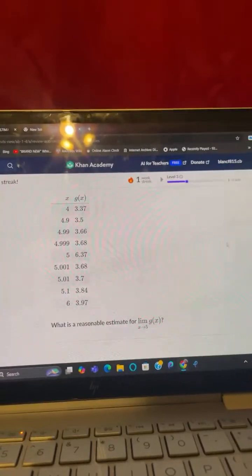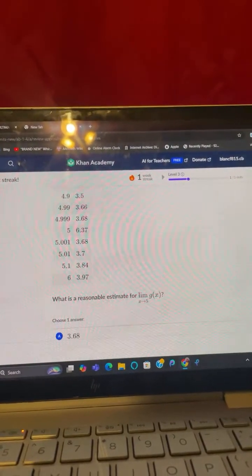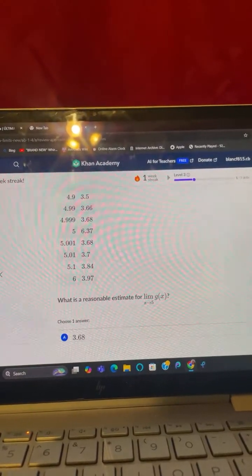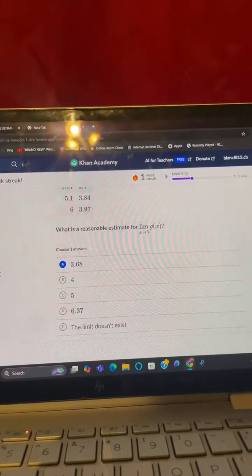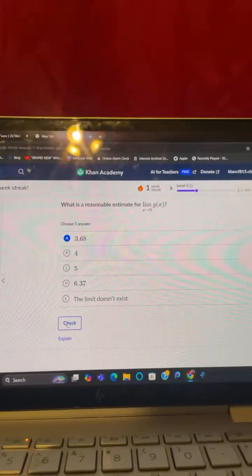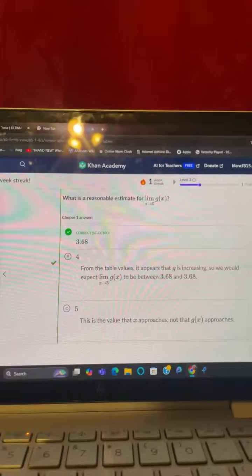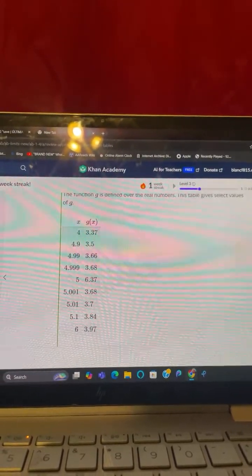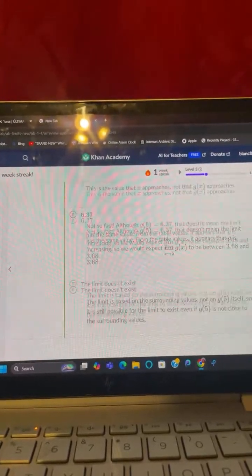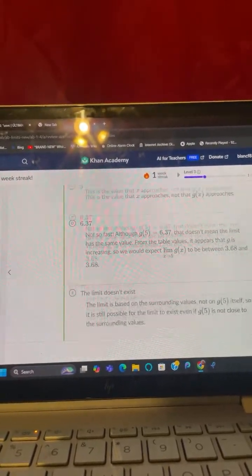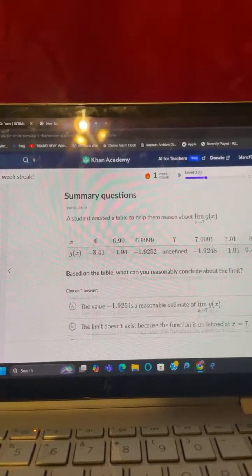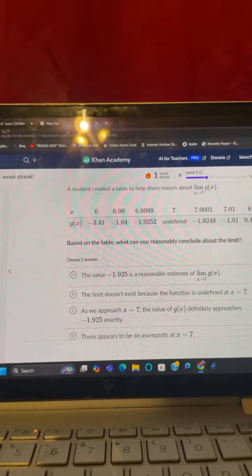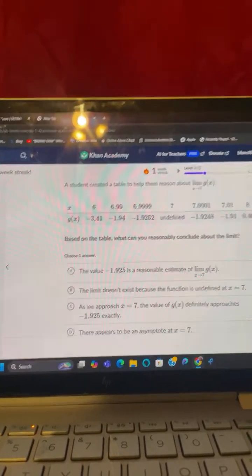Then we have 6.37, which, don't get fooled by that. We're looking for limit value, not actual value. Ignore all constraints. Ignore all arbitrations. We're looking at how it is projected to hit. It may not hit it exactly, but it will relatively hit.